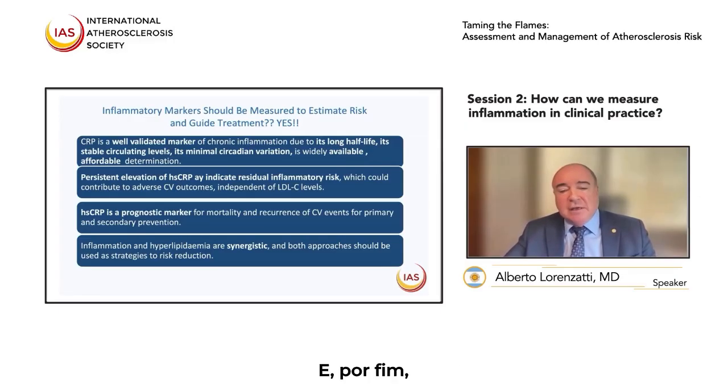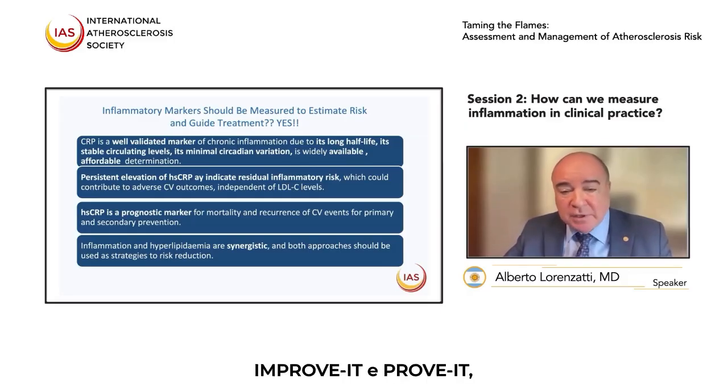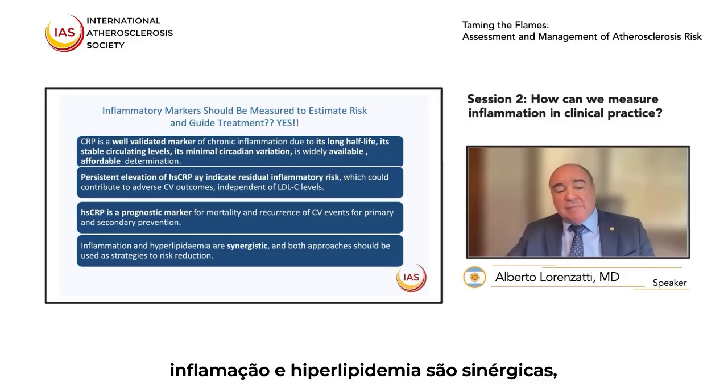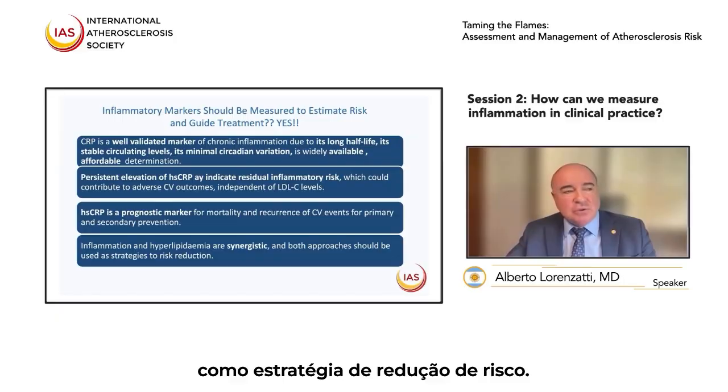And finally, according to the example that I mentioned from IMPROVE-IT and PROVE-IT, inflammation and hyperlipidemia are synergistic, and both approaches should be used as a strategy for risk reduction.